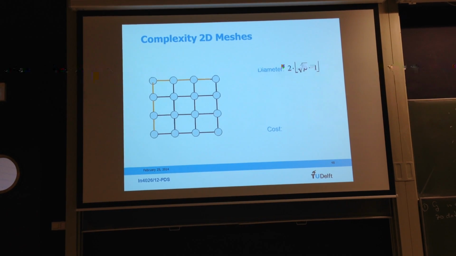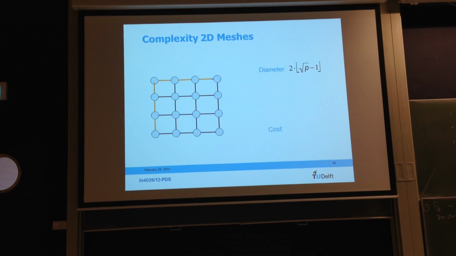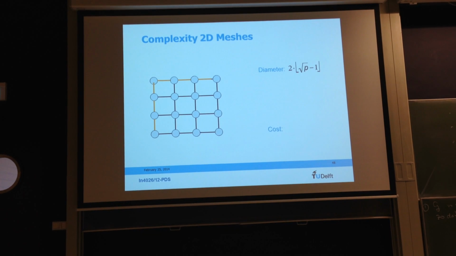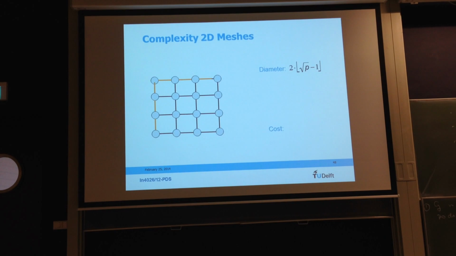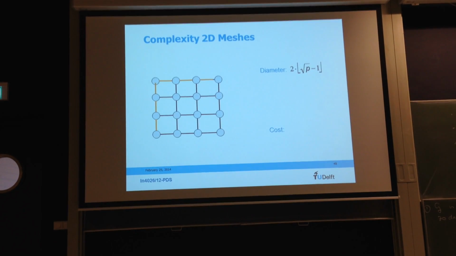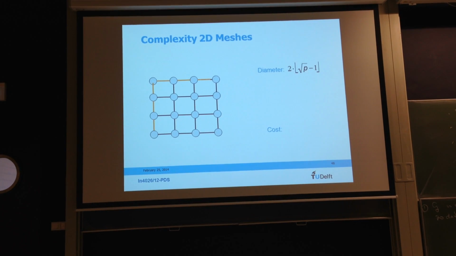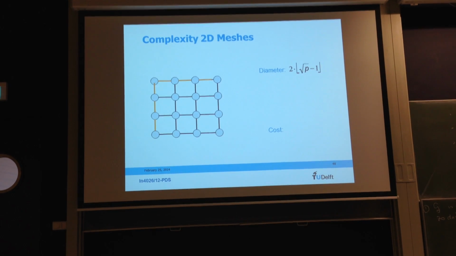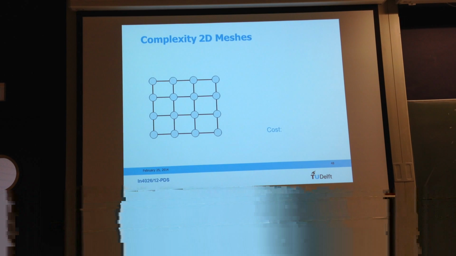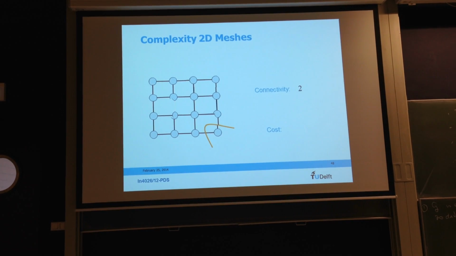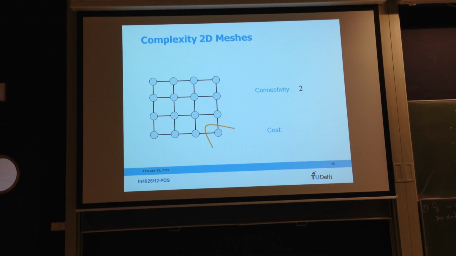But that's not the case in 2D mesh, right? So now the connectivity. Two? Two. It takes the corner, right?